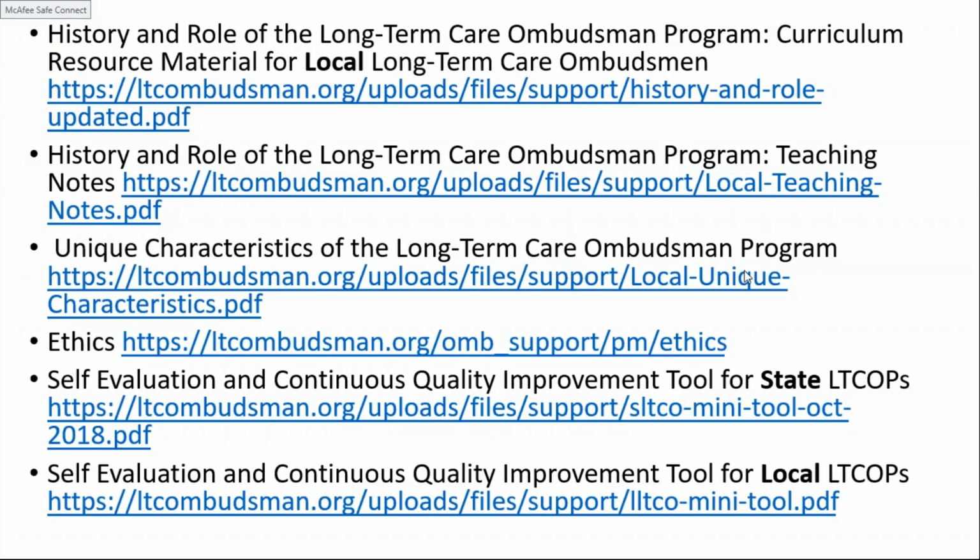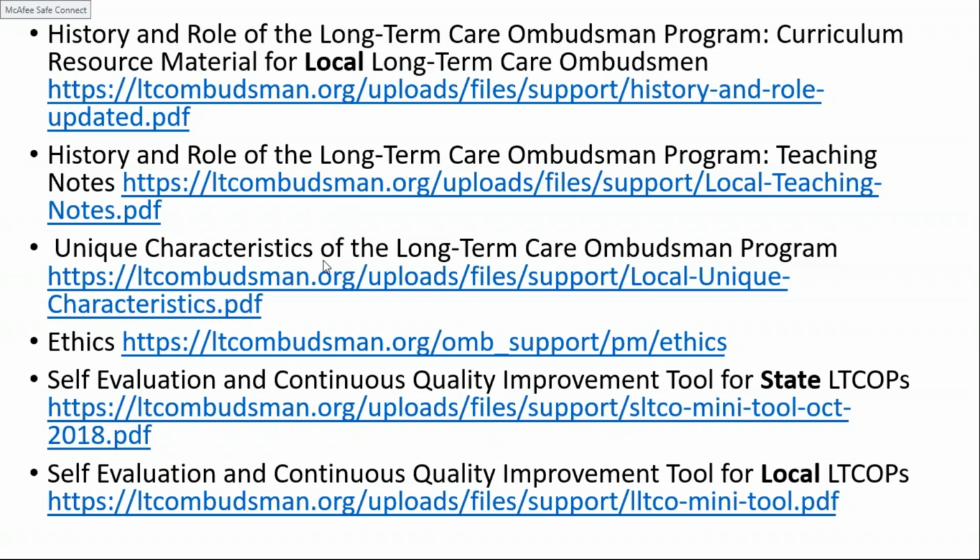Some resources that the program that's on this PowerPoint presentation, the history and role for local programs. You can download that here off of our website. The history and role of the program, unique characteristics.